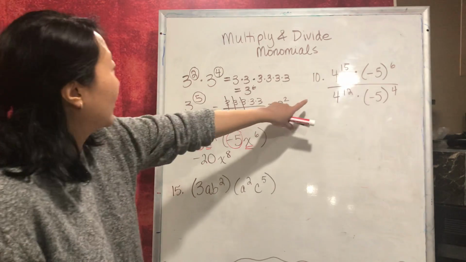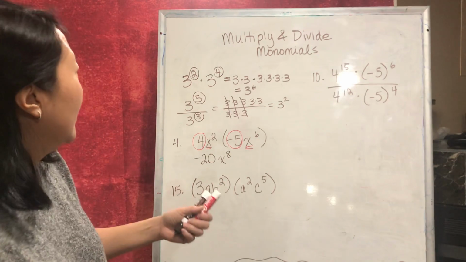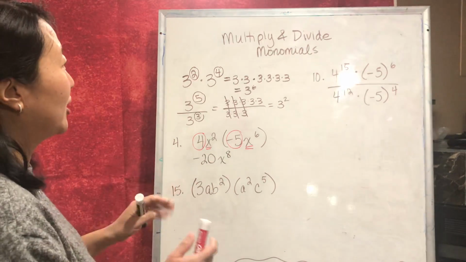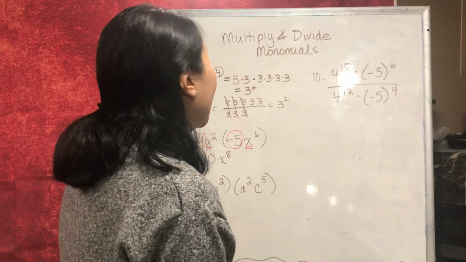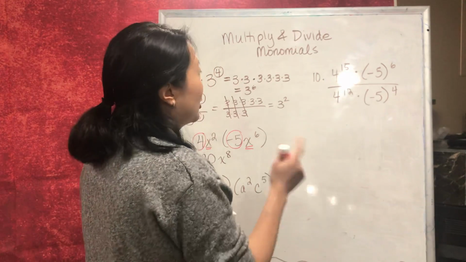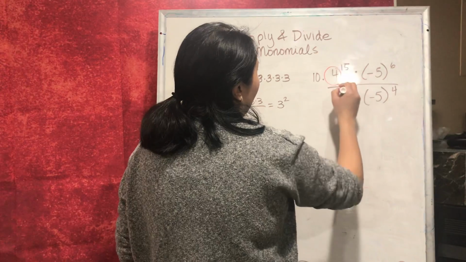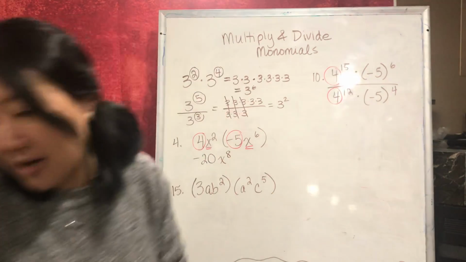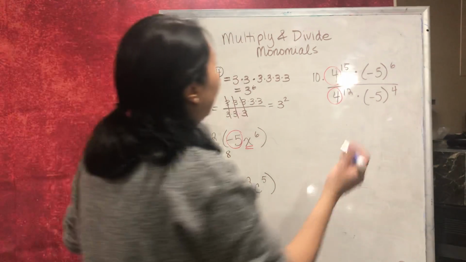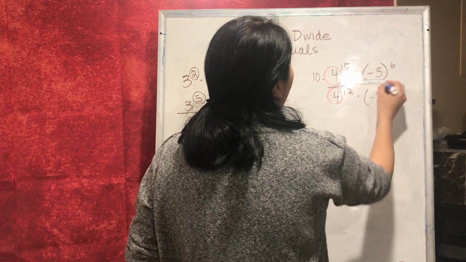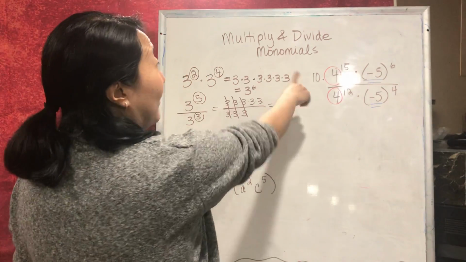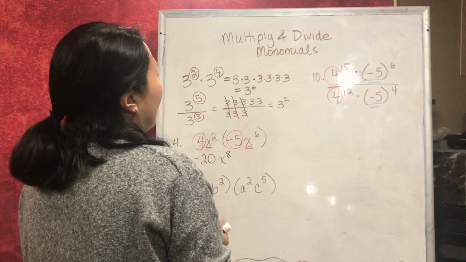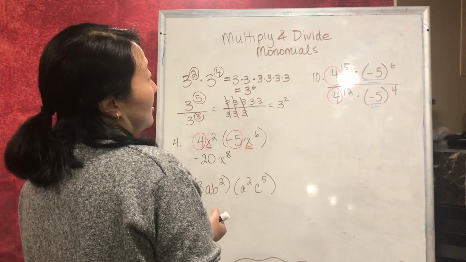Now let's take a look at number 10 on the first sheet. It's a combination of multiplying and dividing, but again, what I'm looking for is matching bases. I see 4 and 4 here, and then I see negative 5 and negative 5 here. When I divide with the same base, remember that we subtract the exponents.